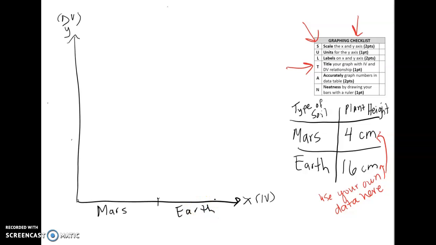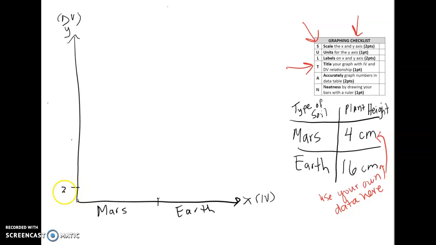My scale for the Y, I can decide what I want the numbers to be. I'm looking at my data and I'm seeing that the largest number I have is 16 and the smallest number I have is 4. So it makes sense for me to count by twos. So I can make sure I get all the way to 16 and I can graph all of my data.